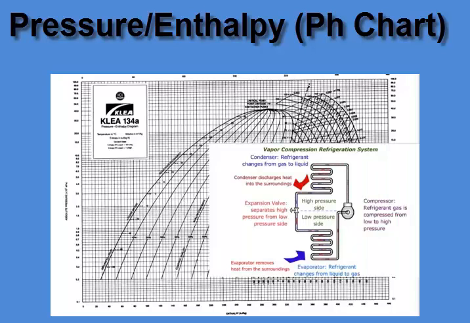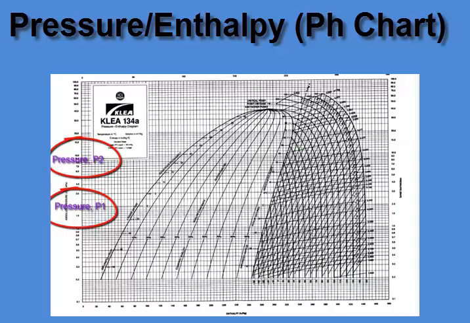Now in any refrigeration system, there are always two pressures. One is the low pressure and the other is a high pressure. If you happen to go to a refrigerated warehouse and you walk over to the room where they have all the compressors and all the equipment that is being used to run the refrigeration system, you will always notice two pressure gauges.